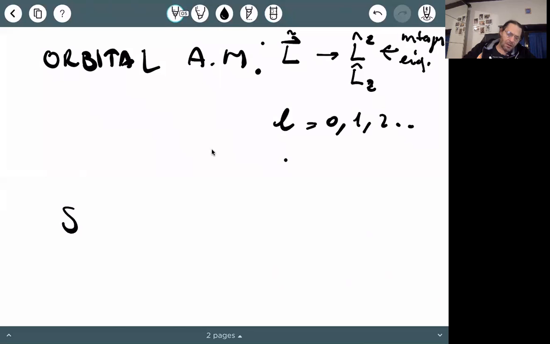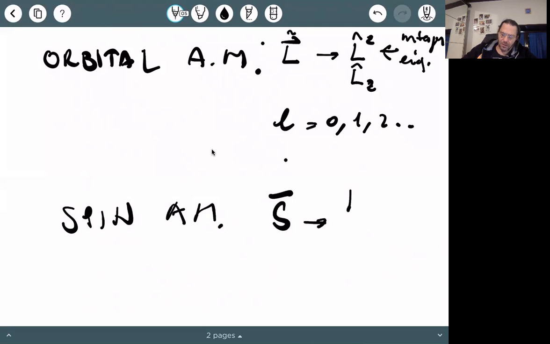But for the spin angular momentum, which we denote as S, through which we can construct Sz and S squared, well, S can have half integer eigenvalues.